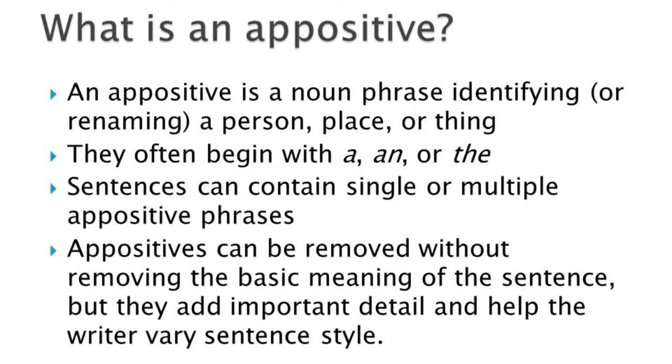Sentences can contain one appositive phrase or multiple appositive phrases. Appositives can also be removed from sentences without removing the basic meaning of the sentence. Appositives, however, increase important details in sentences and develop a variance in style.